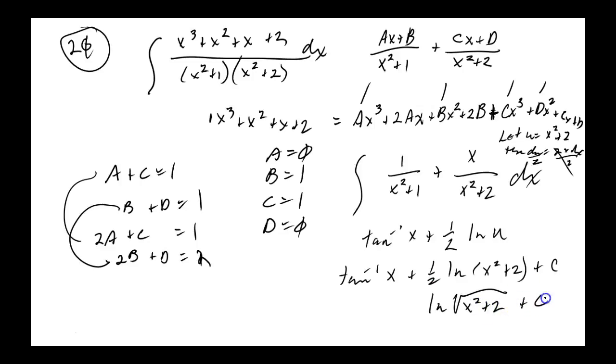But this is inverse tangent of x plus that, and that's the answer. That's A, isn't it? Yep, that's the correct one. They wrote it as arctangent rather than inverse tangent, but it's still there.